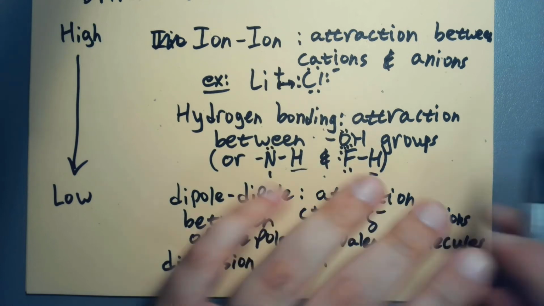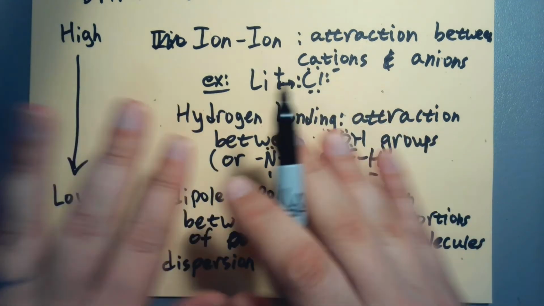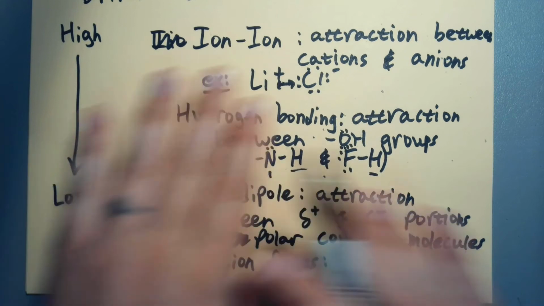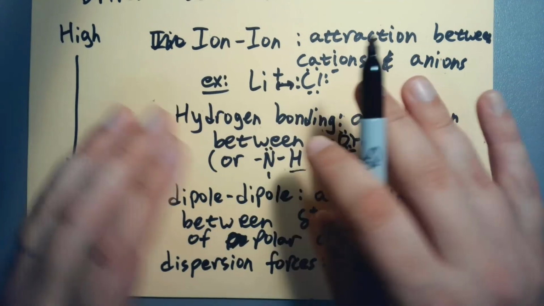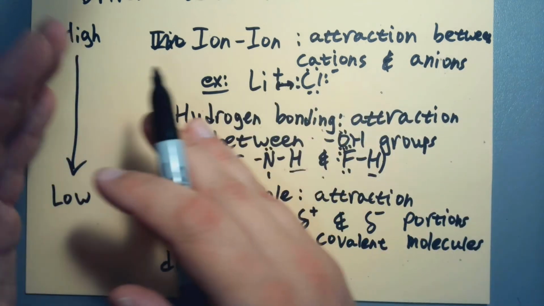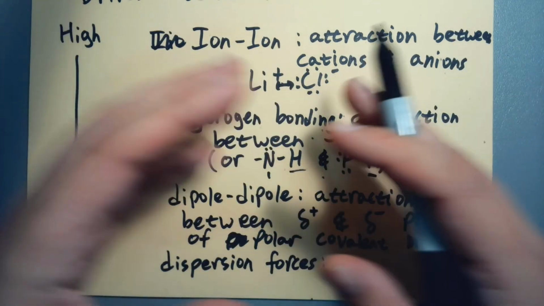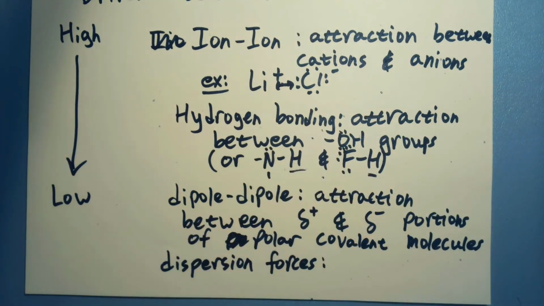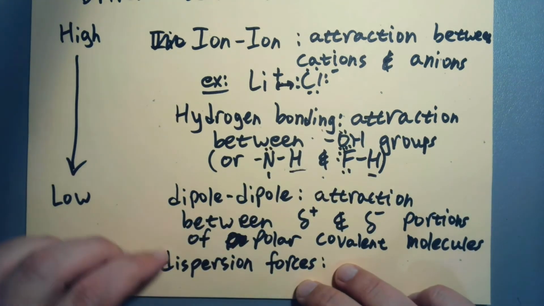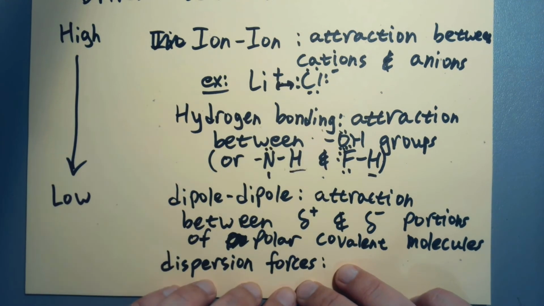So those electrons all move in a spot. You get uneven charge for a moment, and they move back. They're always moving around. And now the larger a molecule is, the more likely it is that you're going to have uneven distribution, because you have more space, you have more electrons, more likely they're going to run around randomly away from each other. Now to be clear, all molecules do have dispersion forces.